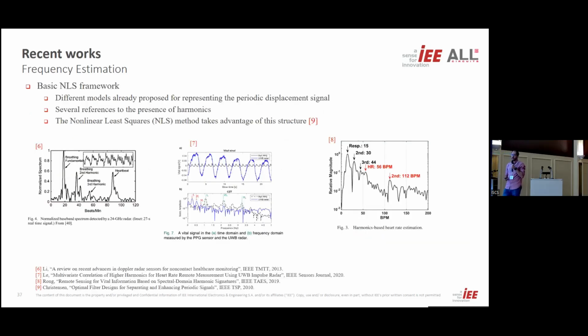And what is the idea here of this NLS approach? We were looking at different models for representing the chest displacement. What we saw in many of them was reference to the presence of harmonics. So we decided to use the NLS, nonlinear least squares approach, because it takes advantage of this harmonic structure.